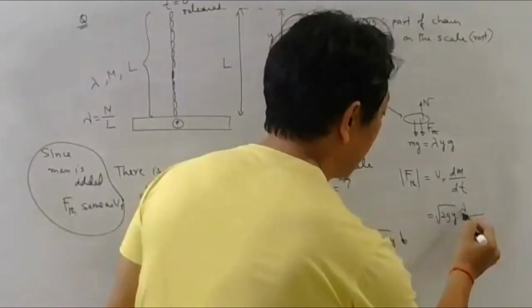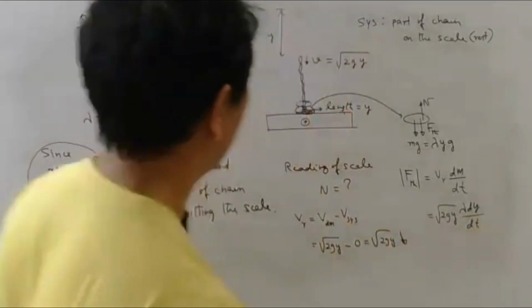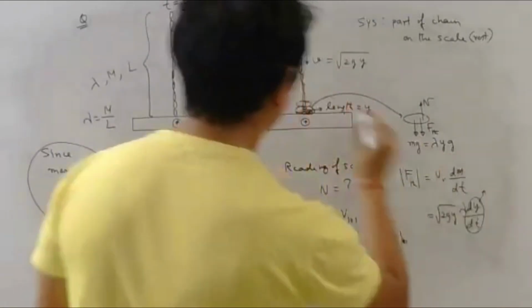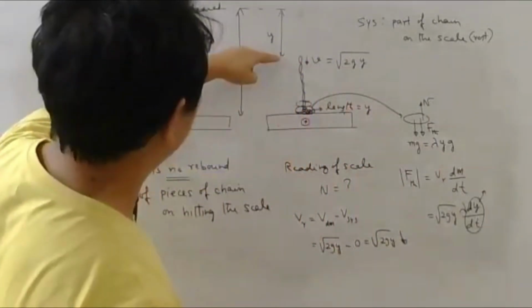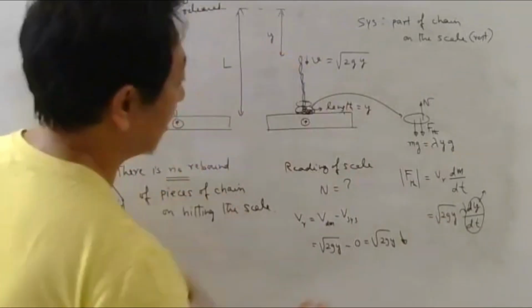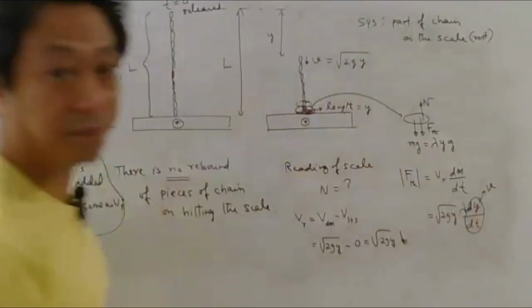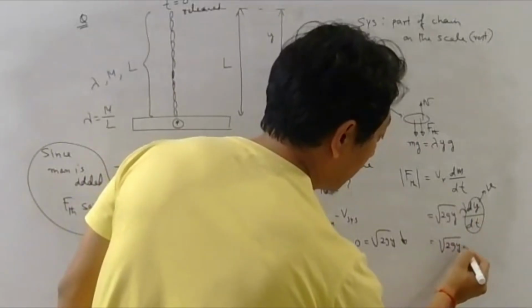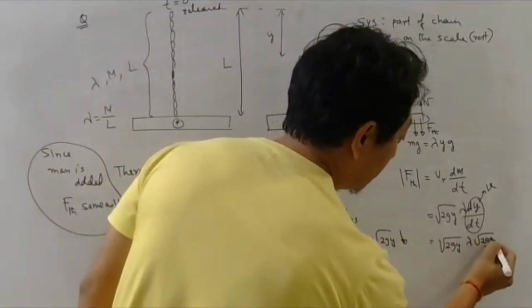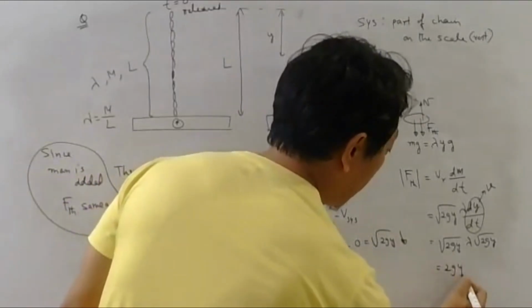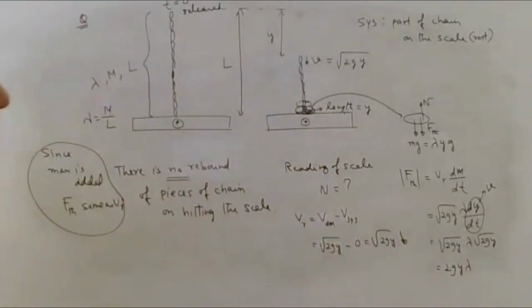So dm is lambda into dy. And what is dy by dt? That is the speed with which y is changing, and y is changing with the same speed with which this end is moving. So that is v only. So this is root of 2gy times lambda into root of 2gy, which equals 2gy lambda. So that is the thrust force.